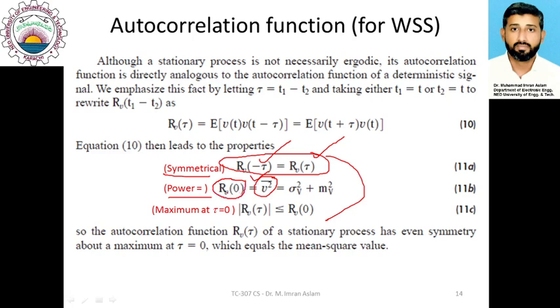So the value of the autocorrelation function at tau equal to 0 gives you the power in the signal. The third property is that the maximum value occurs at tau equal to 0. Other values can be equal or less than the value at 0, but none can be greater than what you have at tau equal to 0.